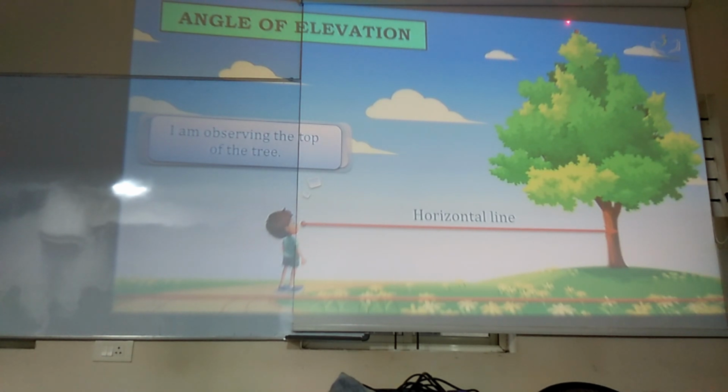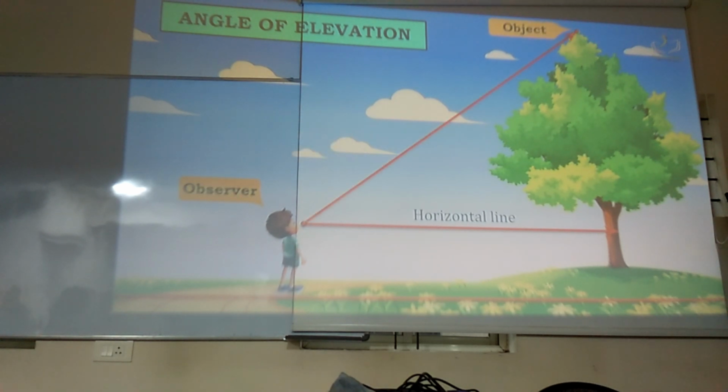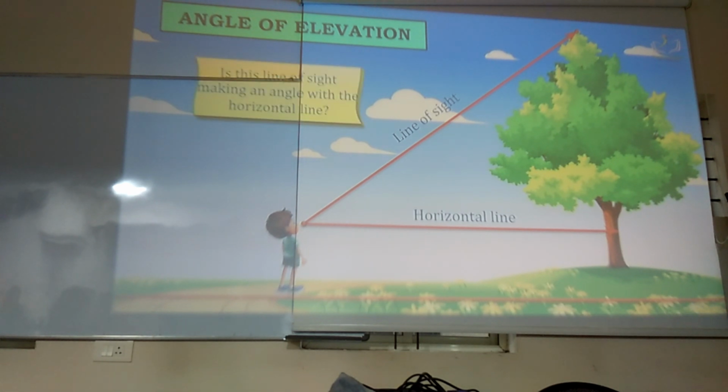This is the top of the tree. This observer, Raj, is looking at the top of the tree. Okay, observer, object. This is the line of sight. The line of sight is making an angle with the horizontal line, isn't it?